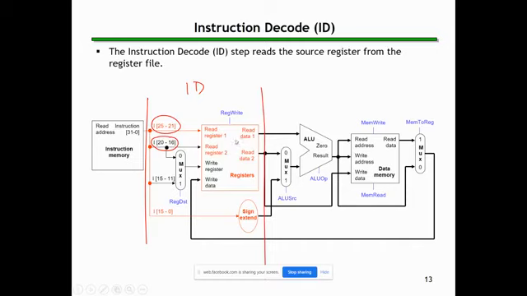These are the source registers, and these are the destination registers. The source registers are read from the register file. I hope you have understood ID. It's clear from this diagram.